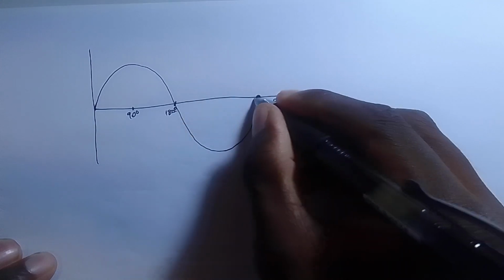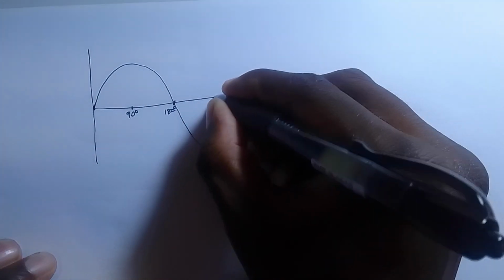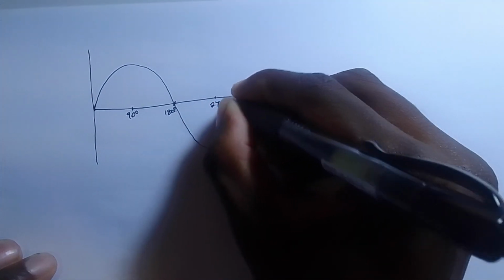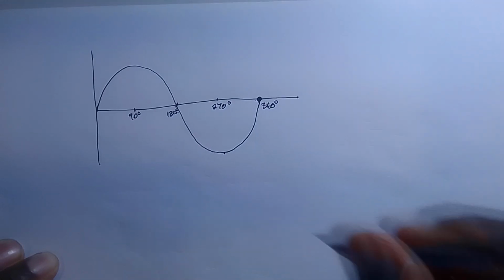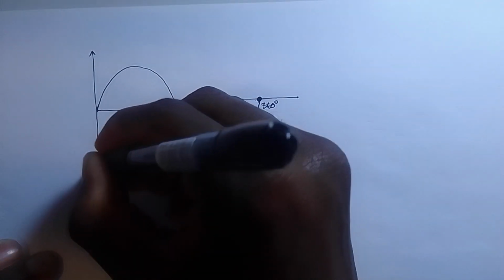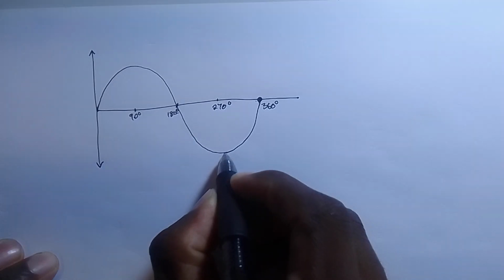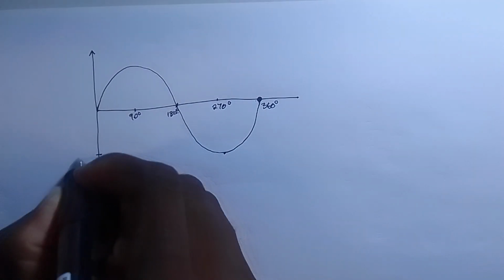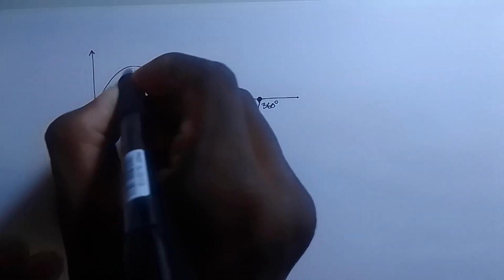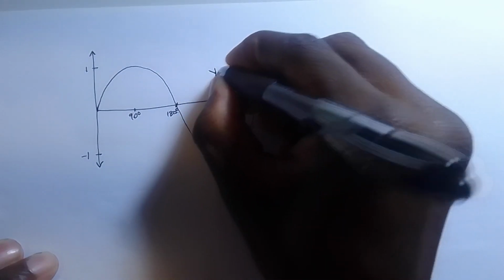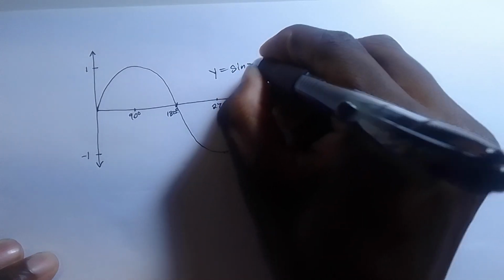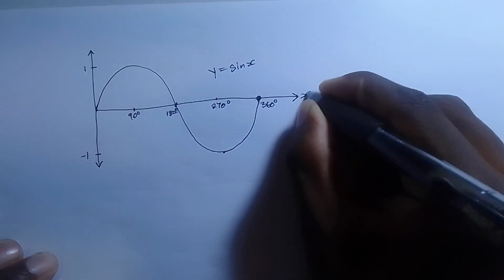And between that and that, you have 270 degrees. Now this is the mother graph for sine. What's missing now is the minimum, which is -1, and the maximum, which is 1. This is the graph of y is equal to sine x, and if this is x, this is y.